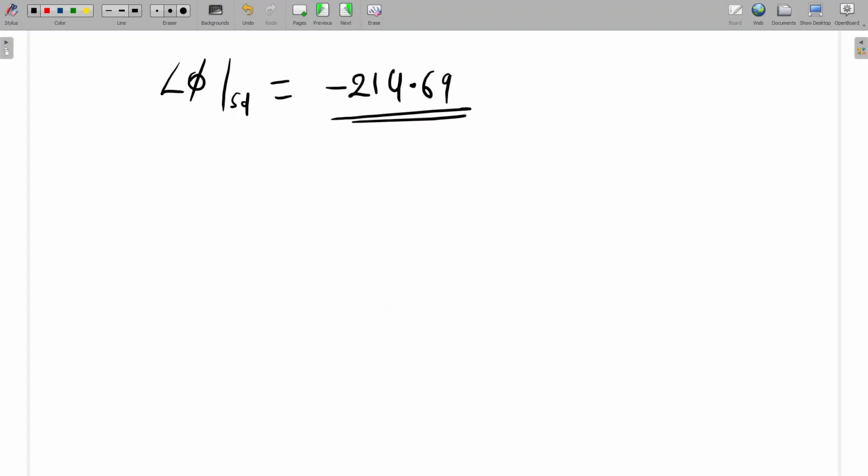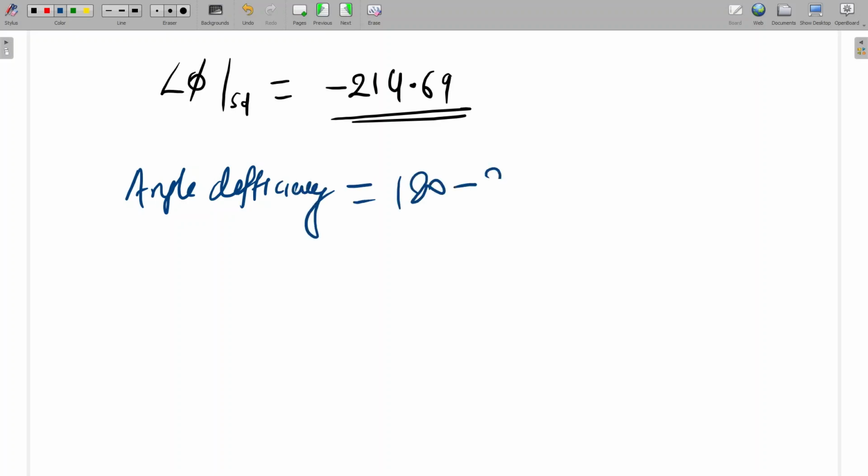So how can we calculate the phase margin? We can add 180 degrees at that value. So how much will be the phase deficiency? Angle deficiency will be equal to 180 degrees minus 214.69, which equals minus 34.69.